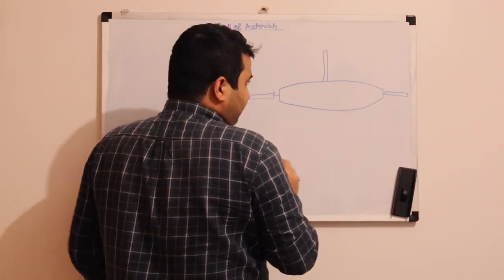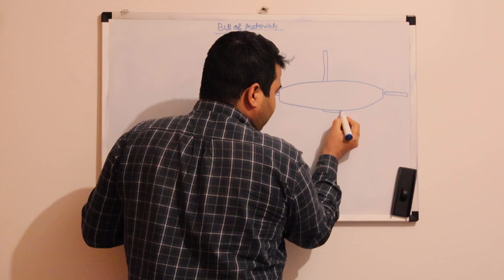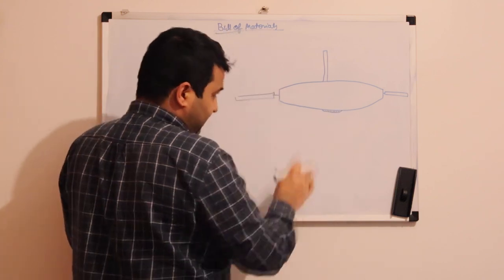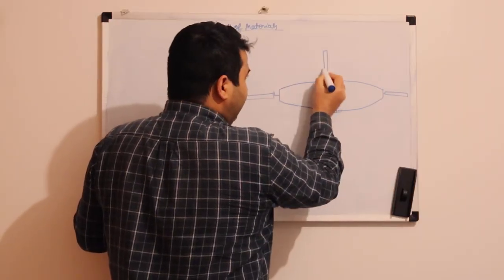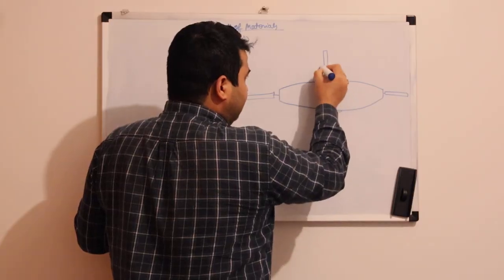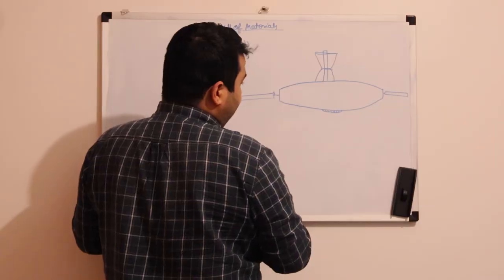When we see the ceiling fan, we have some design, plastic design. In some ceiling fans we have the design, this is the branded, for an example. And we have some plastic caps here. This is the ceiling fan.